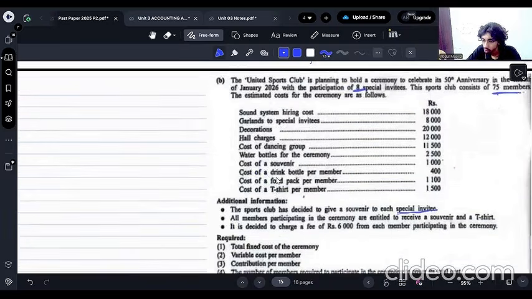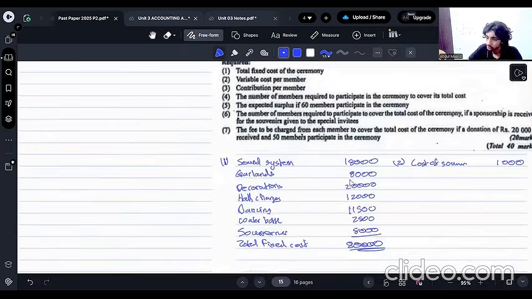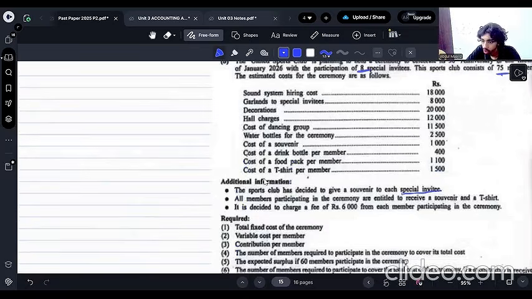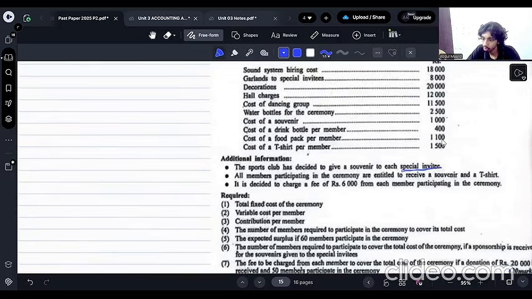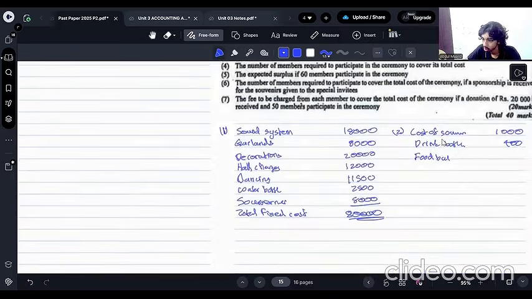Then cost of a drink bottle, 400. Food pack was 1,100.